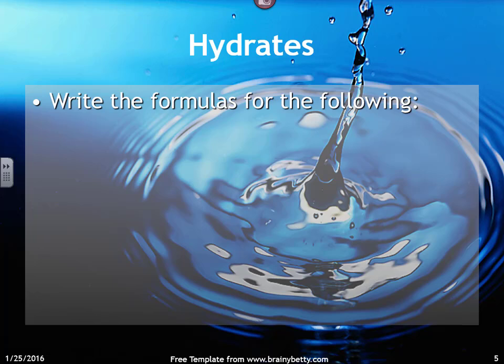You can also go the other direction and write the formulas from the names. Now you're going to have to check your charges. We need the formula for calcium chloride dihydrate.